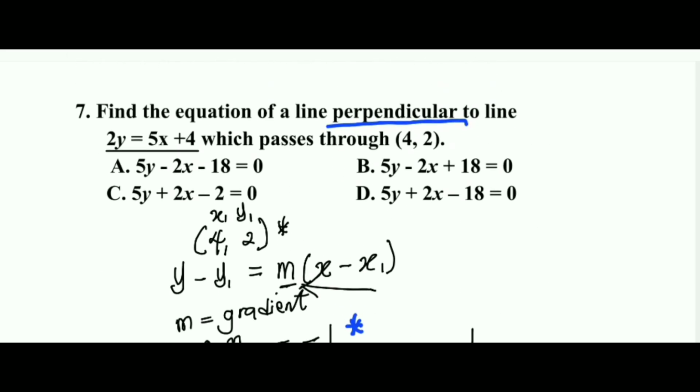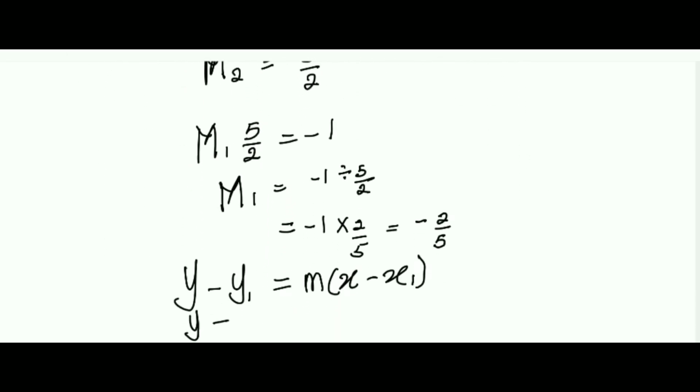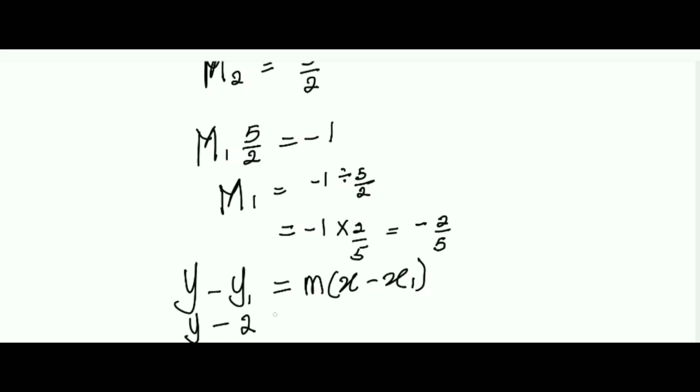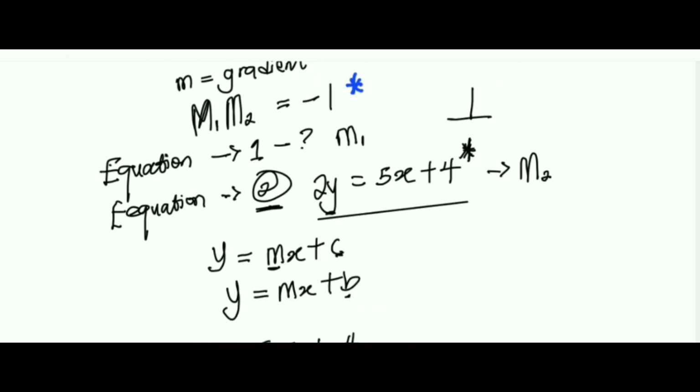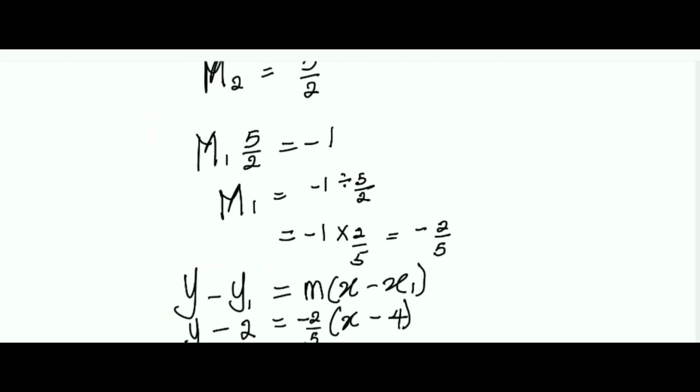My y1 is -2 and my x1 is 4. So I'm just going to substitute y1, and then here I have minus 2 over 5, then x minus 4. Just to confirm that I have that. Okay, x1 is 4 and y1 is -2.